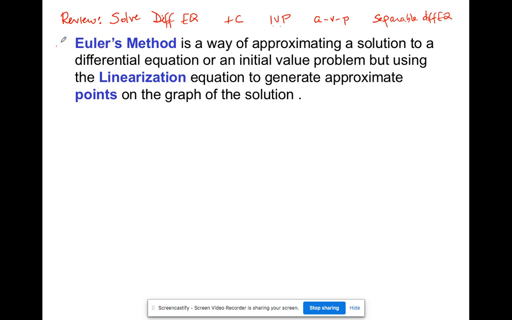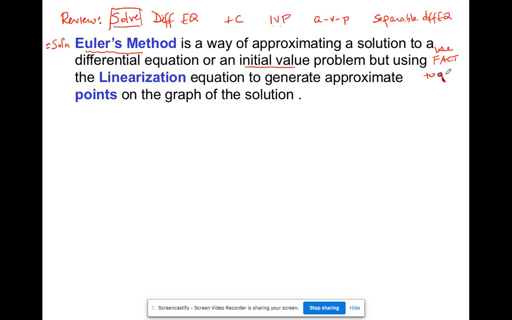Then we learned how to approximate a solution. So instead of solving a differential equation, you approximated the solution with Euler's method, which used an initial value as your fact point, and then Euler's method got you a number of fiction points.